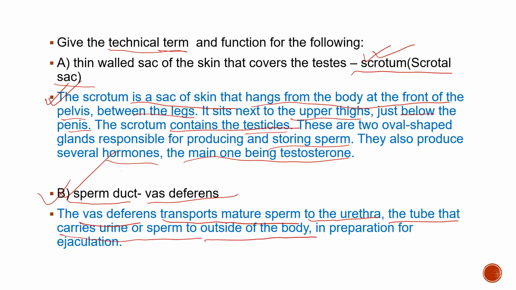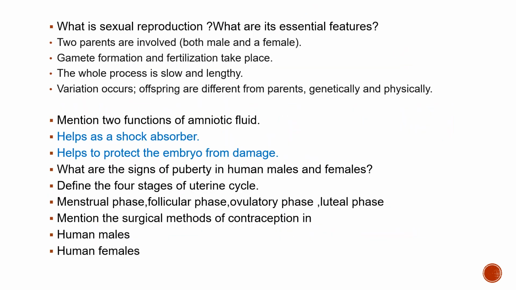Now it is also in preparation of ejaculation. So it is transporting the mature sperm to the urethra and the tube that carries urine or sperm to outside of the body in the preparation for the ejaculation. Okay, is it clear? So this is all about the technical term as well as the function of this two. Now let us move on to the next one.